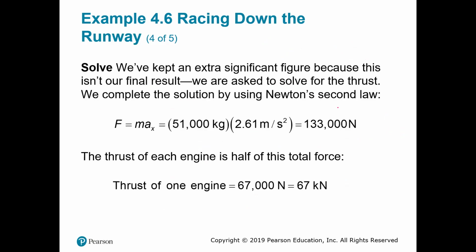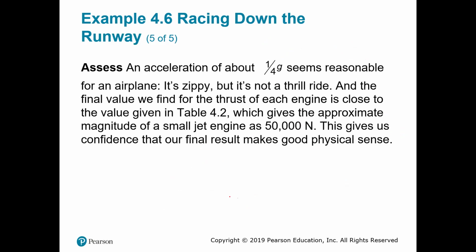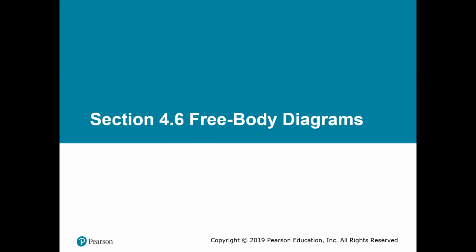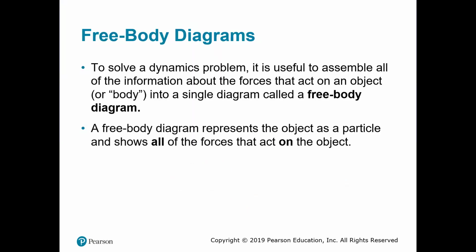So this number is 133,000, and then for one engine, it's half of it. Okay. And then the free body diagram, we already talked about the free body diagram, right? So we'll go into more detail about this free body diagram next time. Thank you.